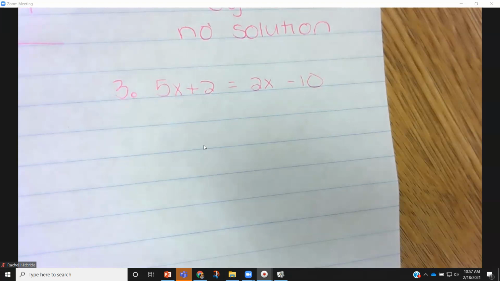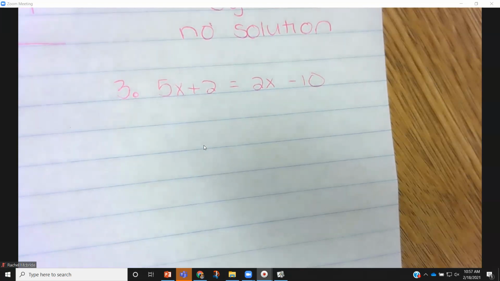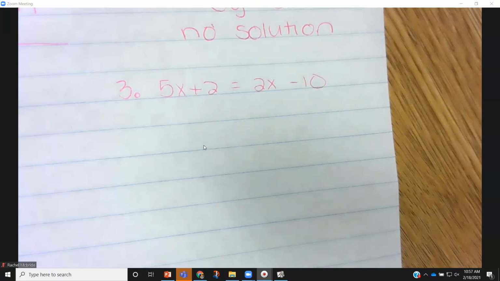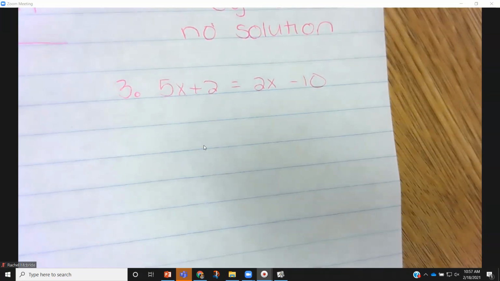You can start us off. What do you have to do to move the 2x over? That's what you wanted to do, so what do you have to do? That's it, you have to subtract 2x from both sides. You had the right idea to start with. Make sure you use the right word so you don't confuse yourself.